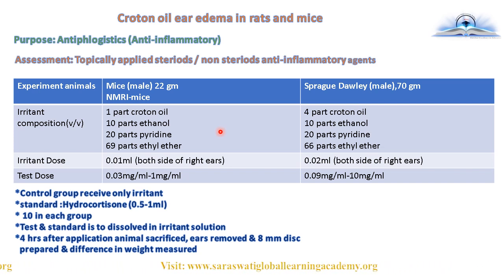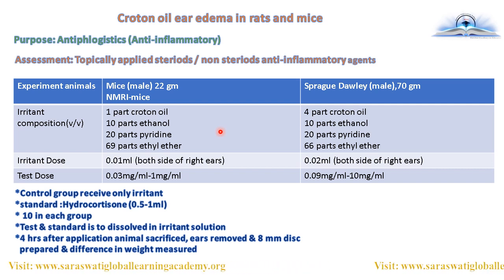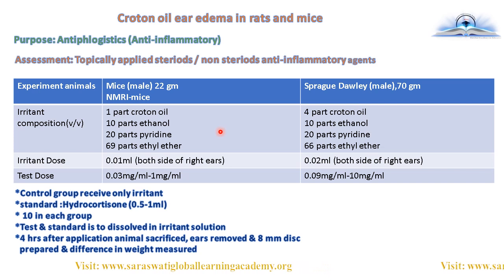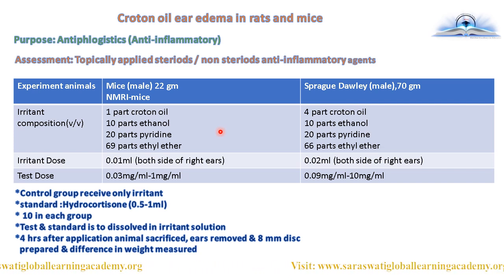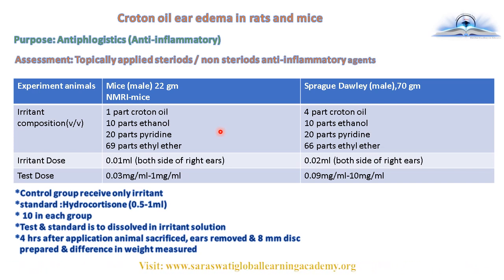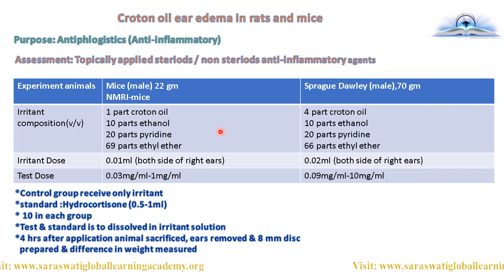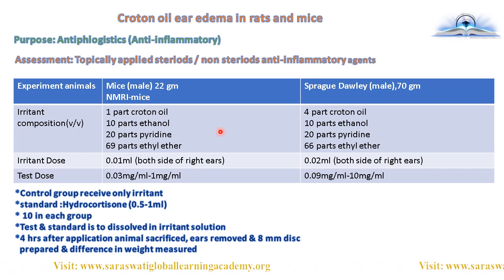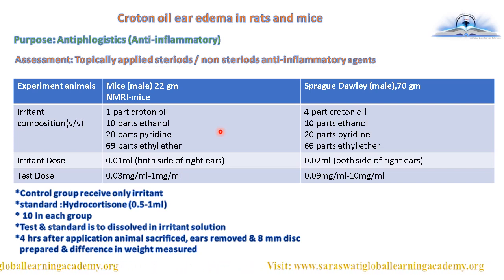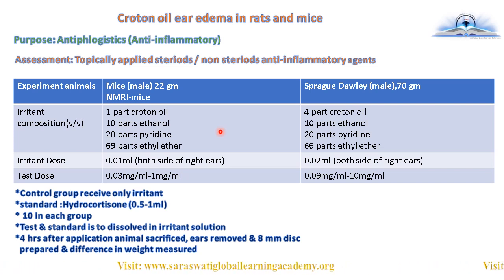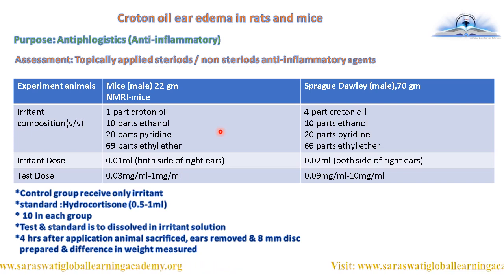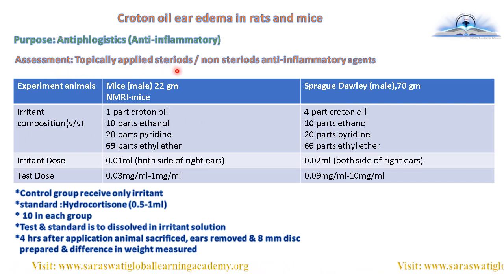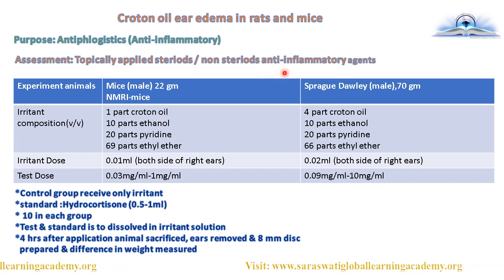So thus it all stimulates the response. These inflammatory responses stimulate responses like vasodilation, increased permeability, and infiltration of the leukocytes. Now here we will check the agent which will be able to inhibit all these processes. For this, the assessment would be performed on topically applied steroidal and non-steroidal anti-inflammatory drugs.